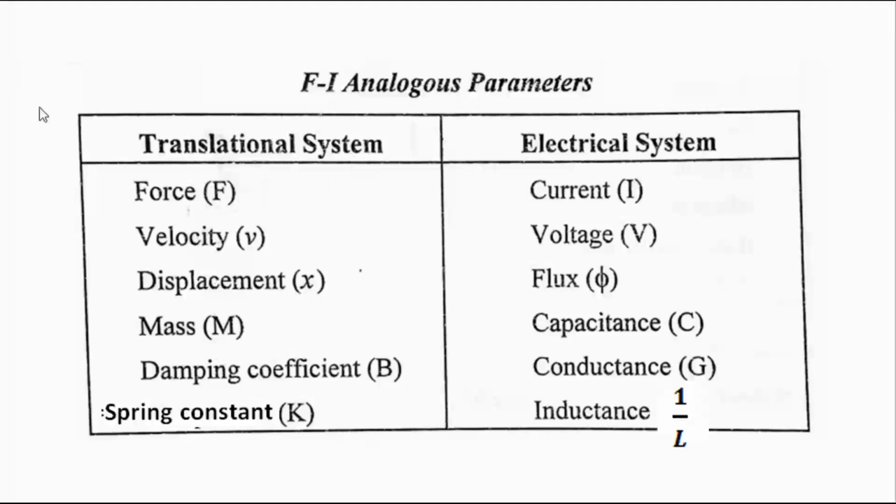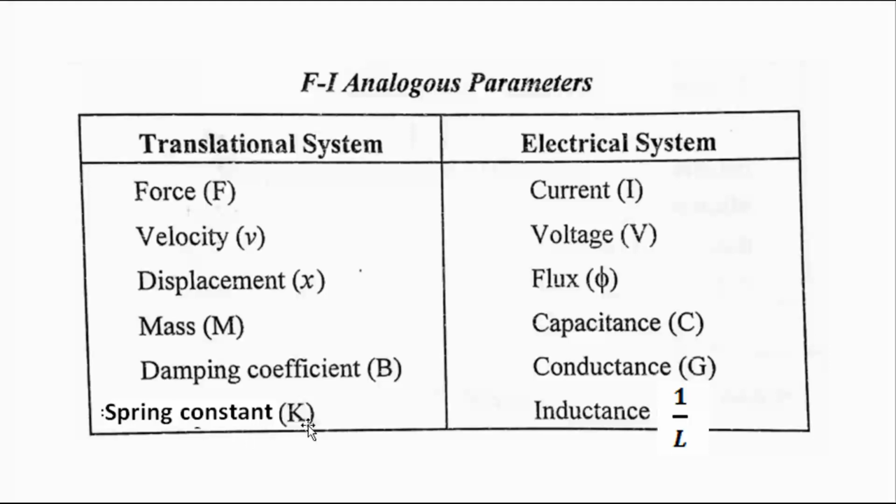Now this is important. Force in the mechanical system, current in the electrical system; velocity, voltage; displacement, flux; mass, here the capacitor; damping coefficient B, here the conductance, that is 1 by R. 1 by R is conductance.